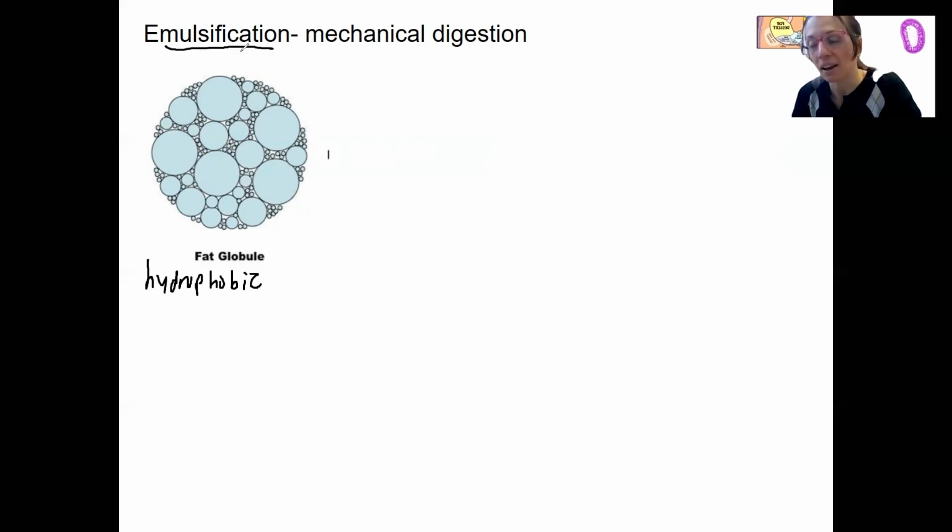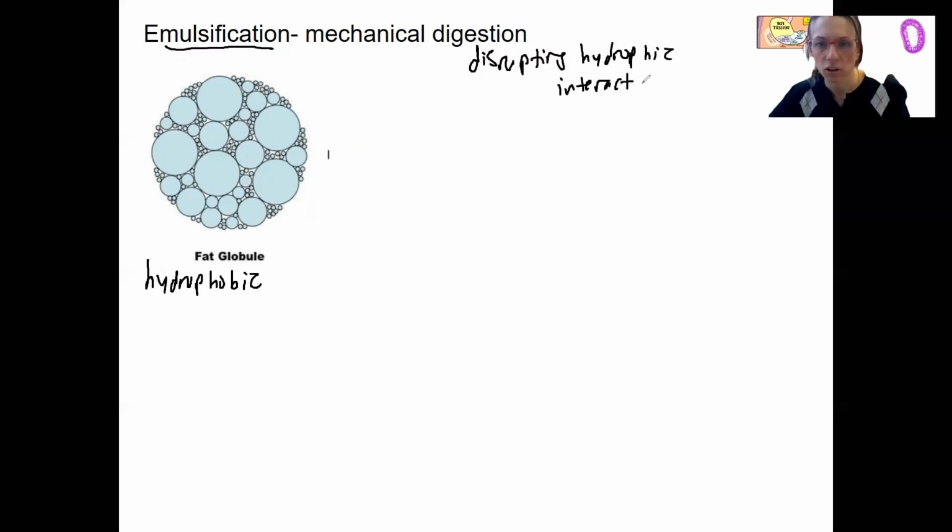It's actually a type of mechanical digestion where we're disrupting those hydrophobic interactions. How do you disrupt hydrophobic interactions? If you have grease or oil on your hands, how do you disrupt those interactions? You use soap, a detergent. That's basically what bile salts are.